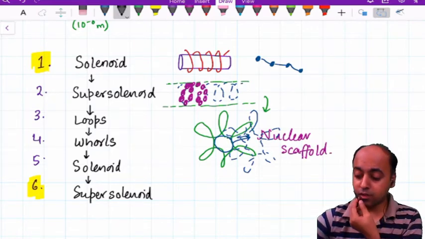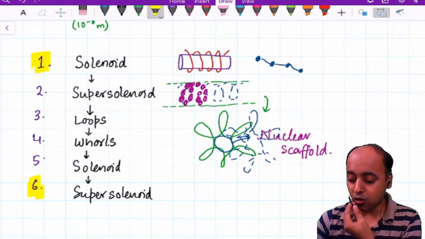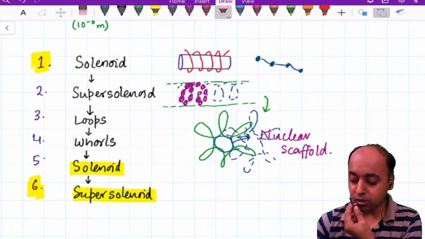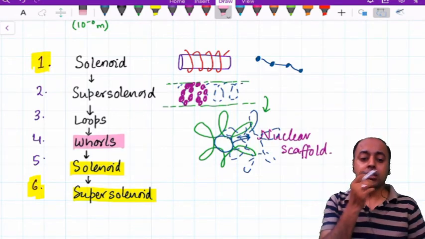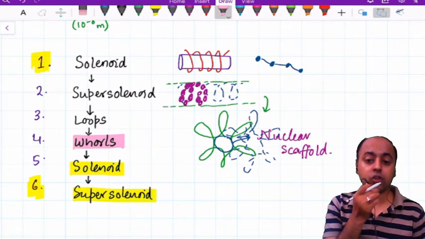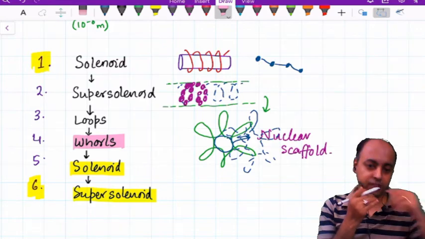Now, this further arrangement as solenoid and super solenoid may or may not be seen sometimes. The arrangement may end with the whorls only, or it can further be organized in the form of the solenoid and the super solenoid. The further compaction is there if we go to the different stages.